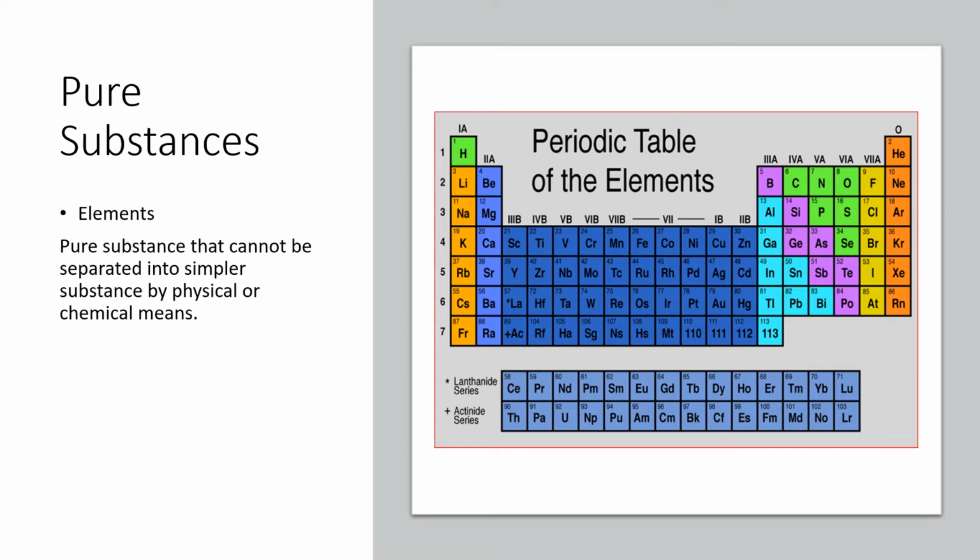Are you familiar with the periodic table of elements? The periodic table consists of 118 elements. They are the alphabet of matter. Elements are categorized into metal, metalloid, and non-metal.